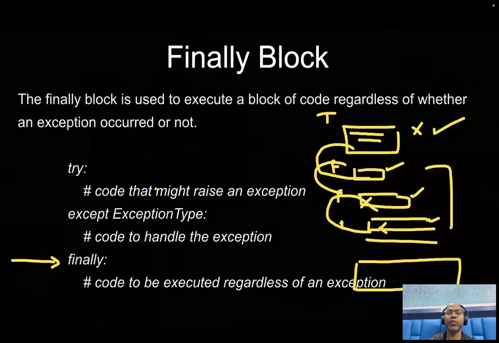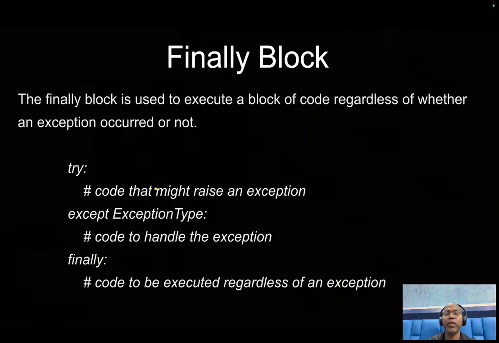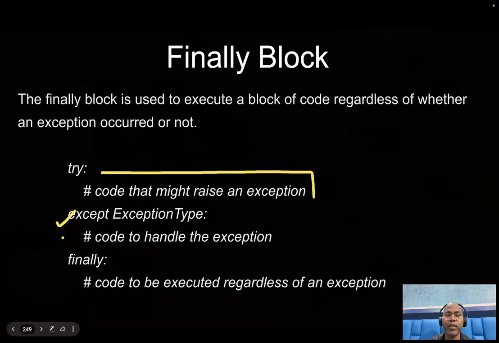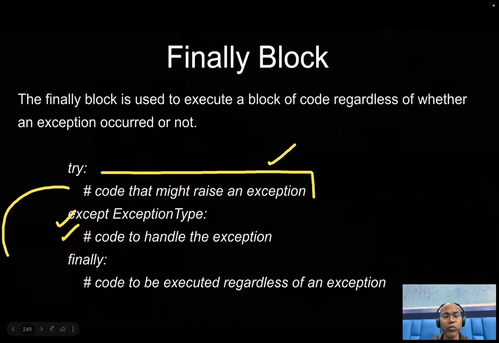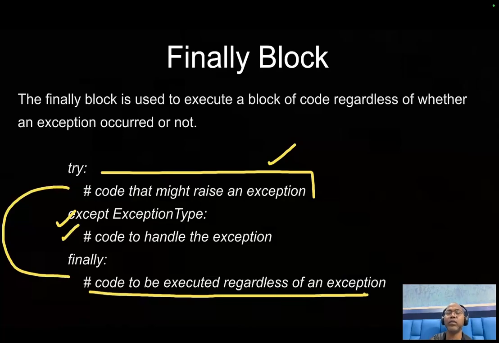If the try block throws an exception, the catch handler works. If not, everything is okay, and control goes to the finally always. This code is always executed by the Python compiler, whether an exception occurs or not.